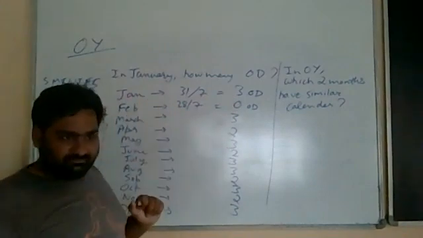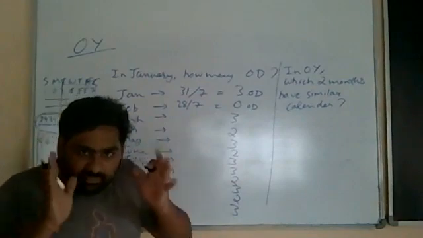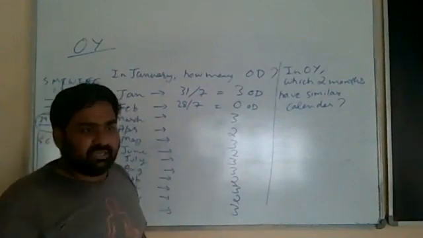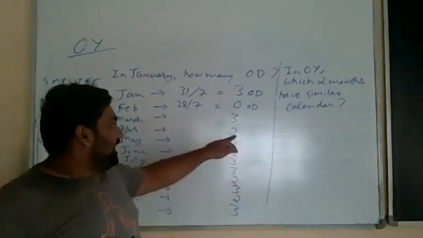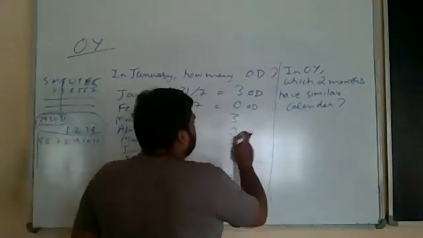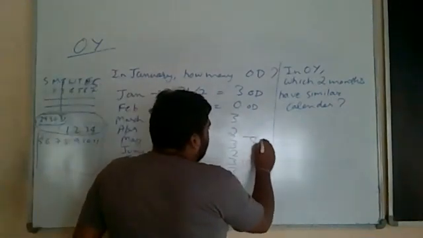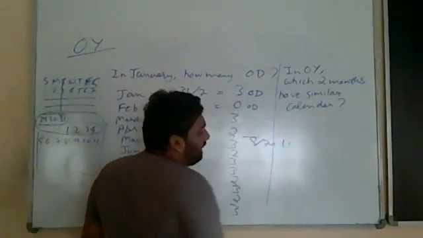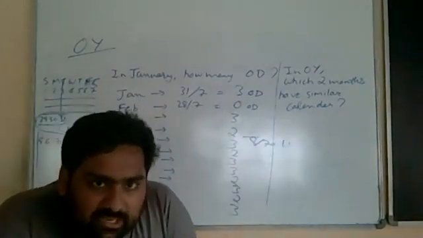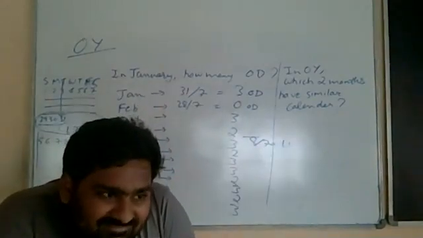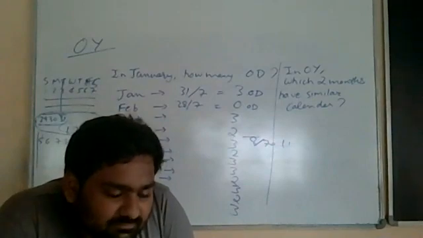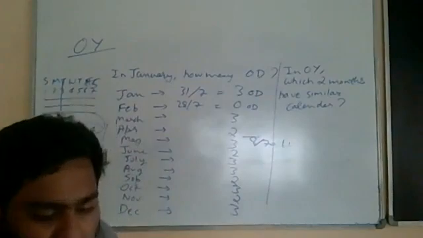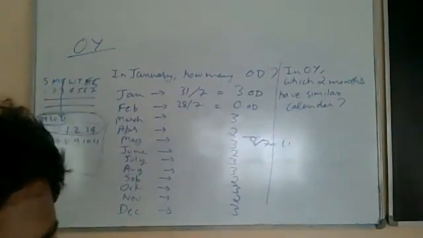But still 1 more day is remaining, because 8 divided by 7 gives 1 as remainder. Again 1 odd day is there, no? Are you understanding? Yes, sir.